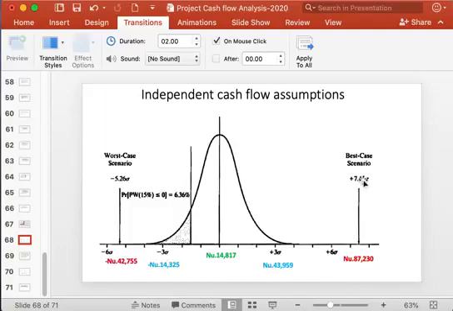And if we also see the best case scenario, it is also way beyond plus 3 sigma. So we can also rule out the probability of getting a net present worth of 87,230 Newton.